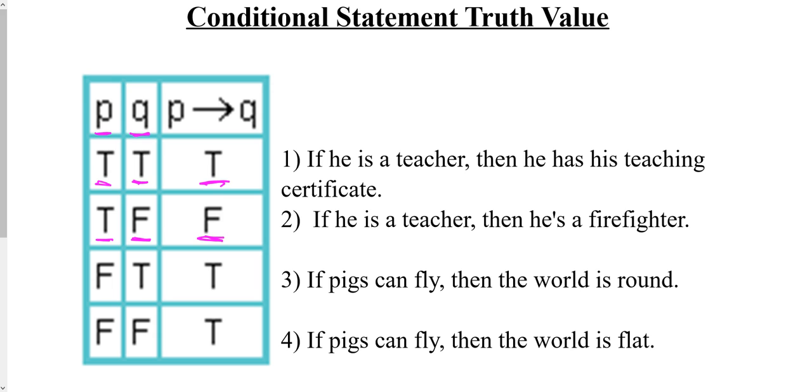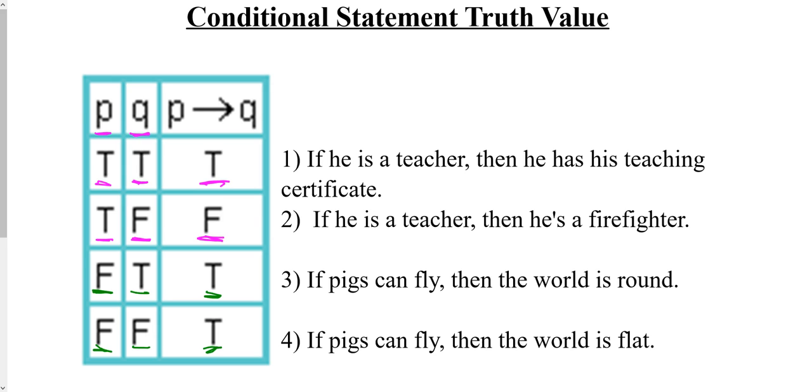These last two, like I said, are kind of confusing here. If you make the hypothesis false, it does not matter what the second value is, it will have a truth value of true because it does not prove the statement false. So we give these examples. If pigs can fly, then the world is round. The world is round, but pigs can't fly.